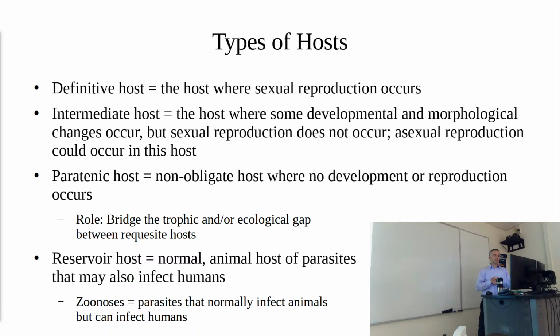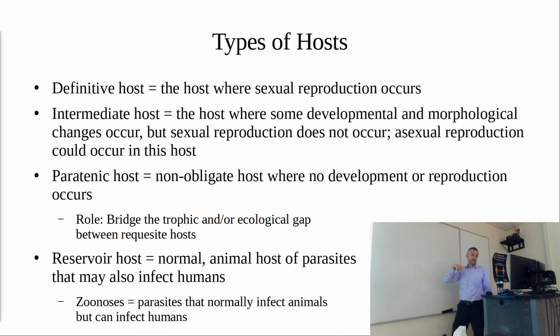The intermediate host is the level before that. It's the host where we see development, where we see morphological changes in the parasite. But we don't see sexual reproduction at all. Sexual reproduction only occurs in a definitive host.